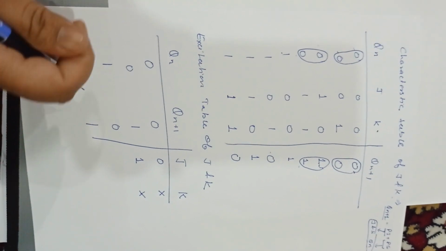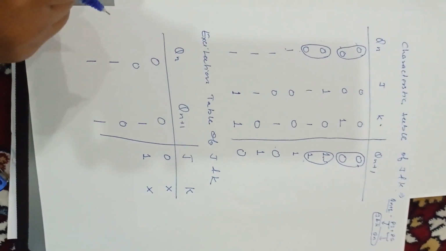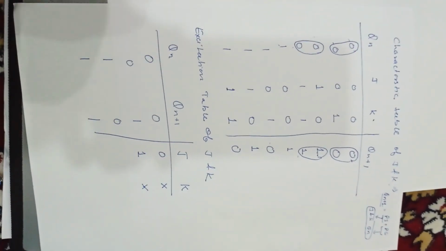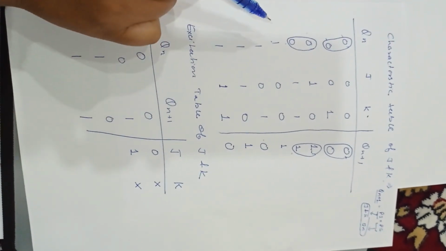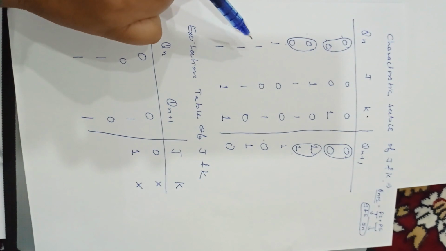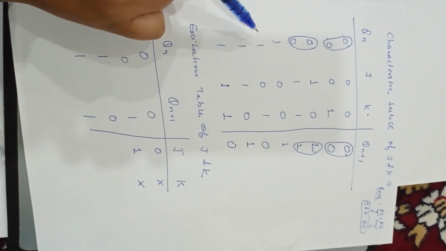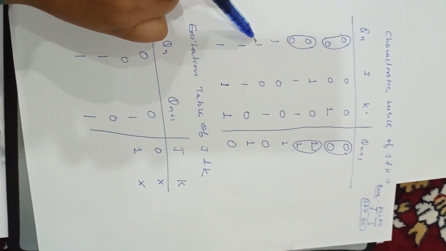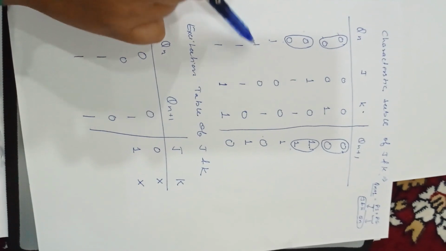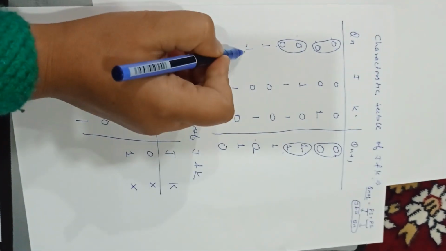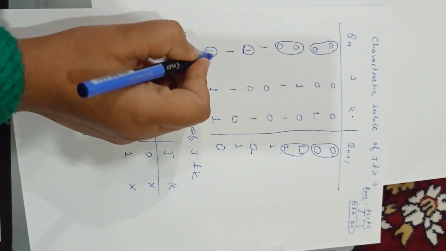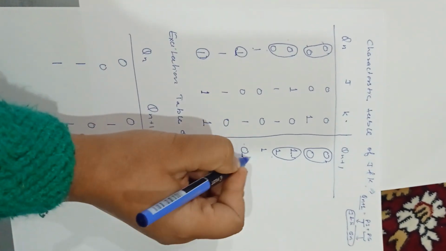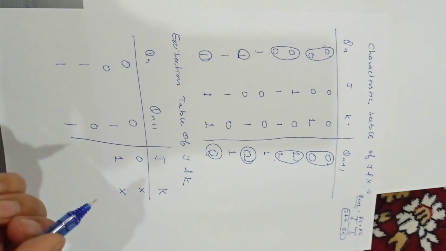Next you have the case 1 0. So here you can see that qn is 1 and your qn plus 1 is 0, in these two cases.